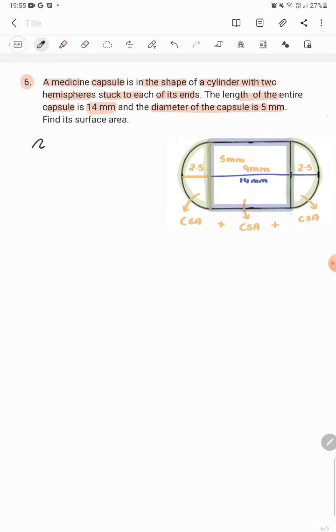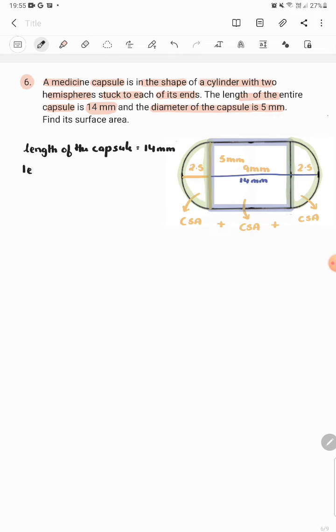So length of the capsule is 14 millimeter.